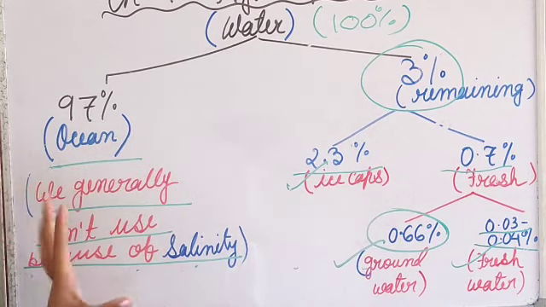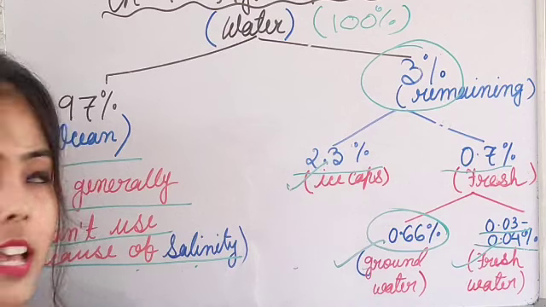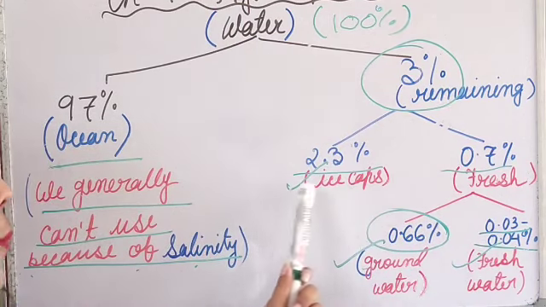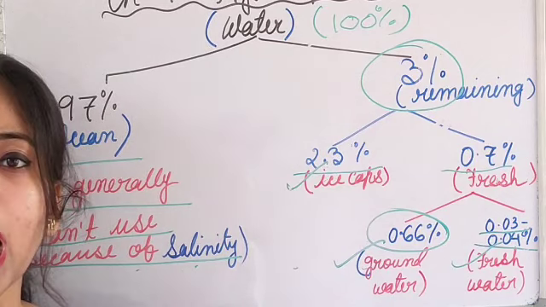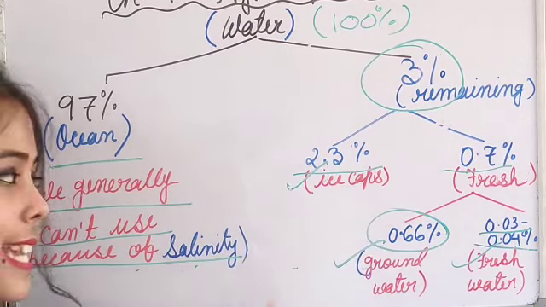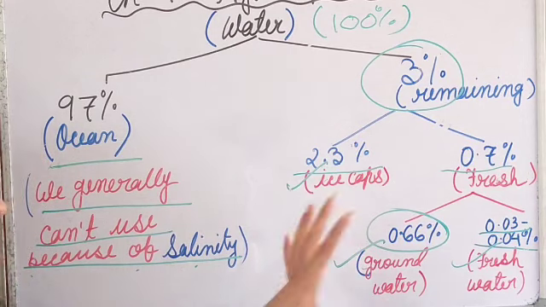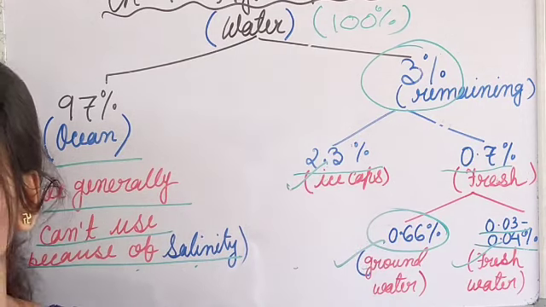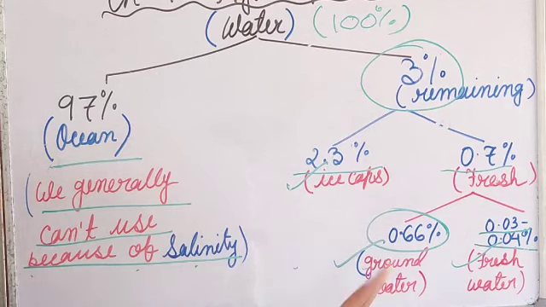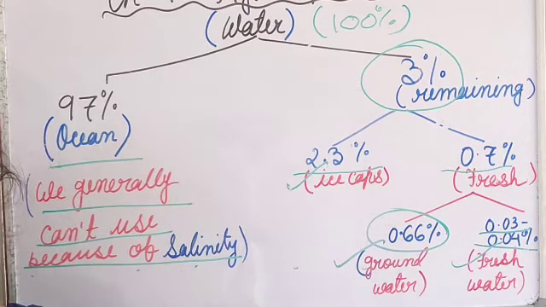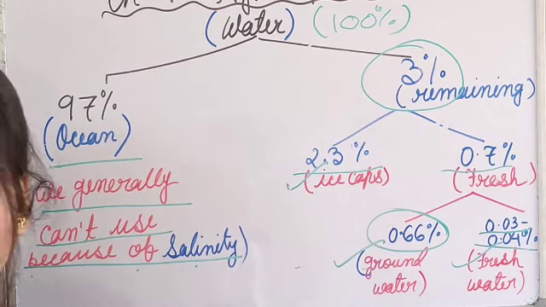So 97% we cannot use. The remaining part is 3%. Out of this, 2.3% is present in the ice caps or in the glaciers, right? So again 2.3% we cannot use. Next is 0.7% that is present as fresh water. So there is a chance to use this 0.7%.